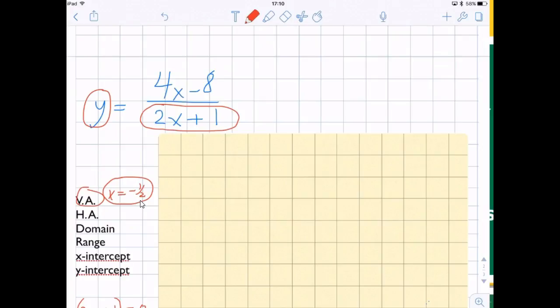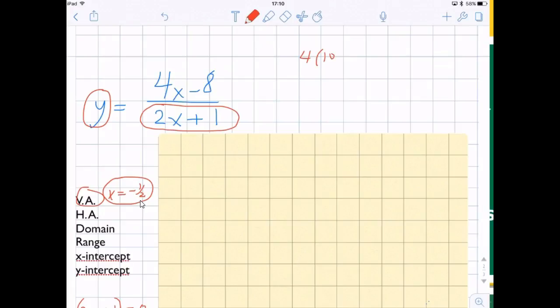It's the value that the function approaches from a y standpoint as you go far to the left or far to the right. Okay? So the easiest way to get the horizontal asymptote is to put a big number in for x, because when you are far to the right, x is a big number, right? Okay, so for horizontal asymptote, what we're going to do is put a big number in for x. So I'm going to put in, like, x is 1,000.